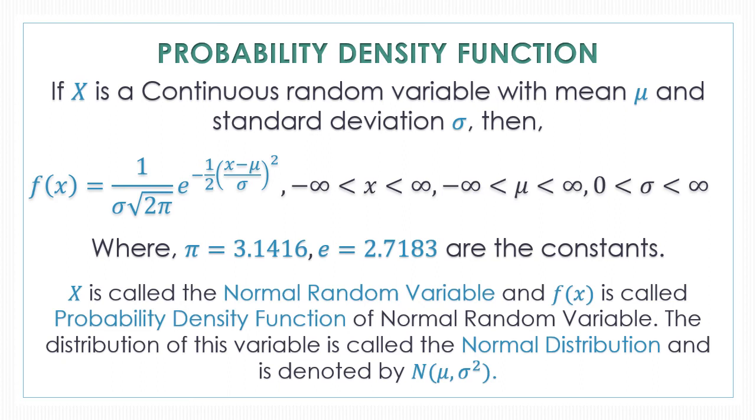So in this distribution, if you are asked what the parameters are, they are mu and sigma square, because this distribution is denoted as N for normal distribution and (mu, sigma square). So mu and sigma square are the list of parameters for this distribution. That means if you want to calculate probability for this distribution, you must need the values of mu and sigma square.